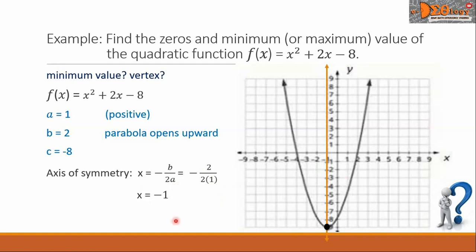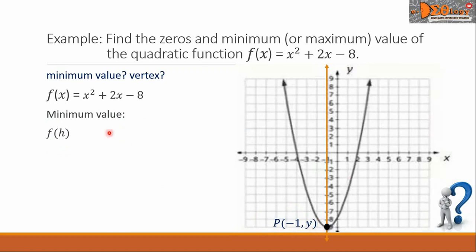This is the equation of the axis of symmetry. And this negative 1 value is the same value of the abscissa of our vertex. So in here, the point negative 1 comma y, that is the coordinates of our vertex. Later, we will get the value of y.